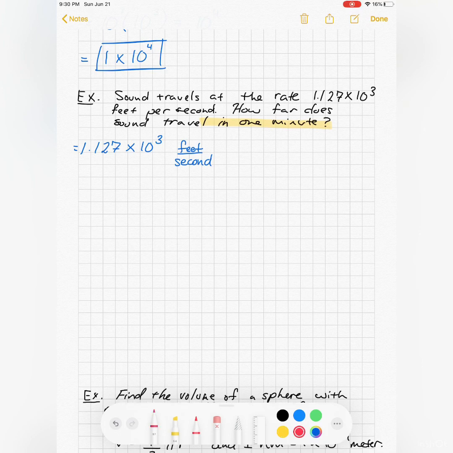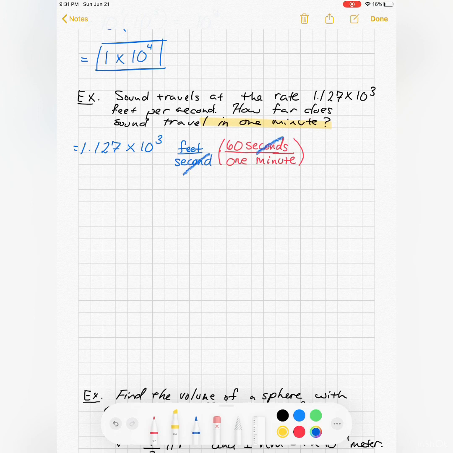So what I have to do is get rid of seconds by using a conversion factor here. So I know there are 60 seconds in 1 minute. Okay, so you see when I multiply straight across here, I'm actually going to be able to cancel the seconds here.